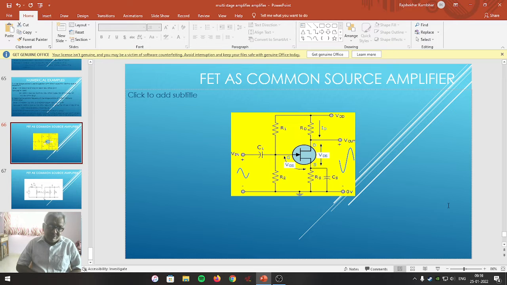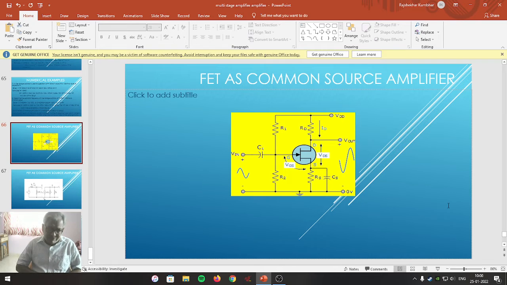in which current is conducted by only one type of charge carriers, that is only by means of the majority charge carriers. Minority charge carriers don't contribute in conduction of the current. Depending upon that, we studied that junction FETs are classified into two types.